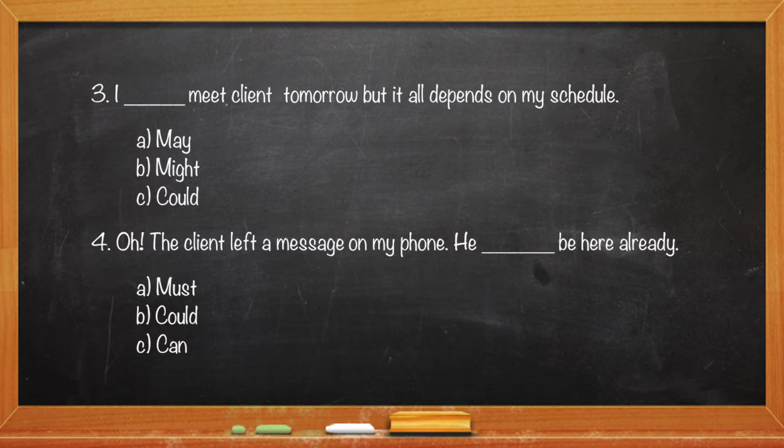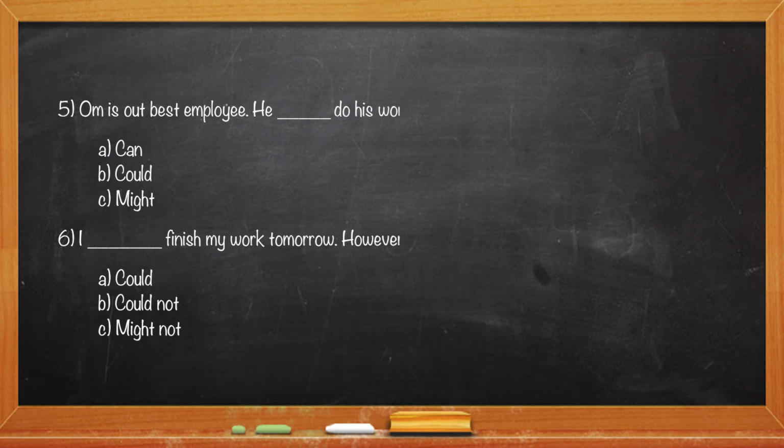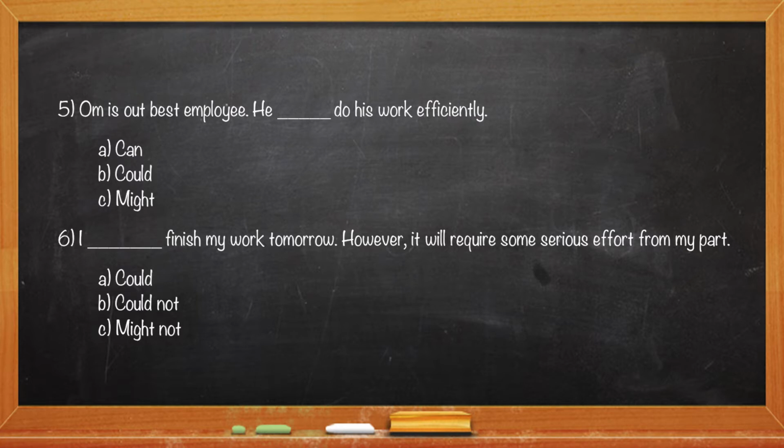Number 4: Oh, the client left a message on my phone. He dash be here already. Must, could, can. Next one: Om is our best employee. He dash his work efficiently. Can, could, might. Number 6: I dash finish my work tomorrow, however, it will require some serious effort on my part. Could, could not, might not.